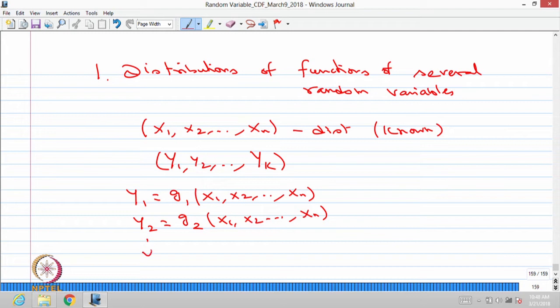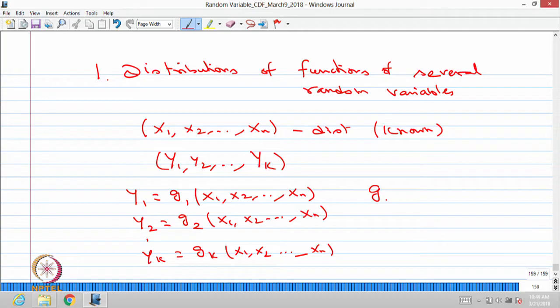Like that we have k random variables. Obviously xi's are random variables, and yi's, i equal to 1 to k, are going to be random variables provided the functions gi's are Borel measurable. So, we make the assumption that gi's, where i is equal to 1 to k, are Borel measurable functions.